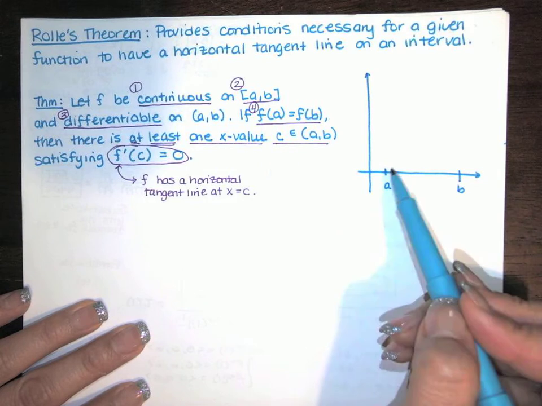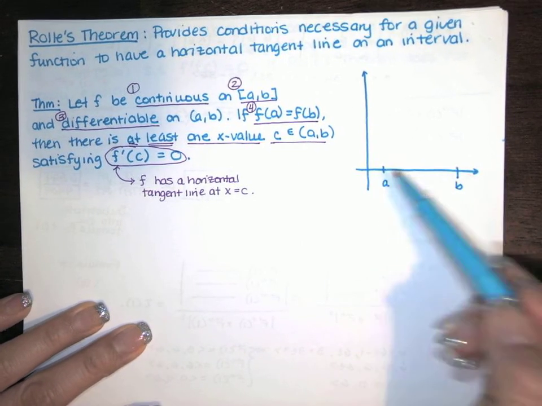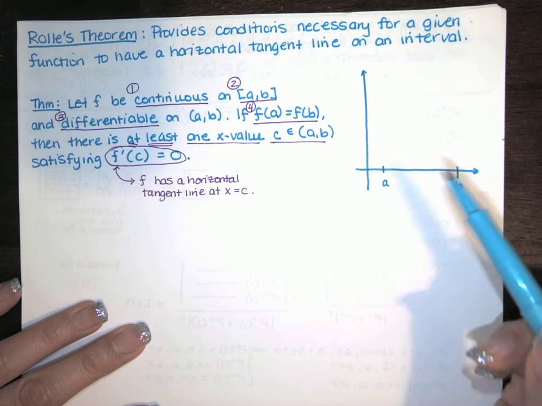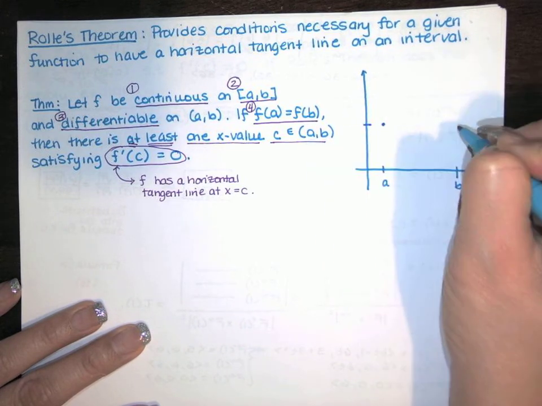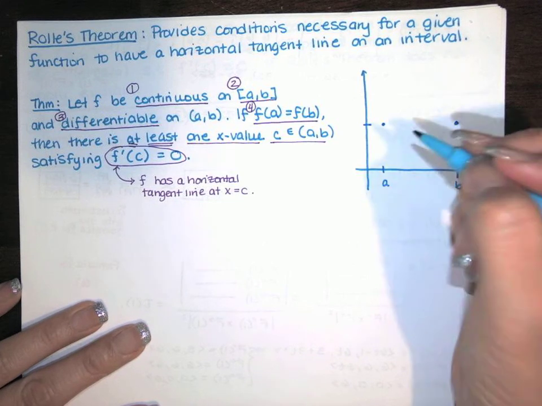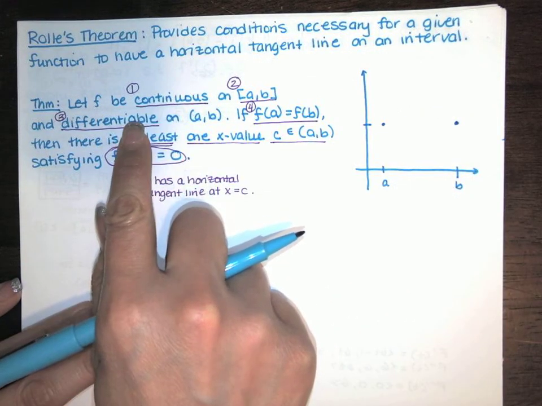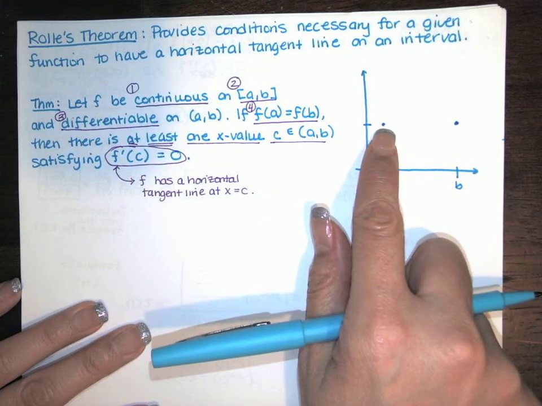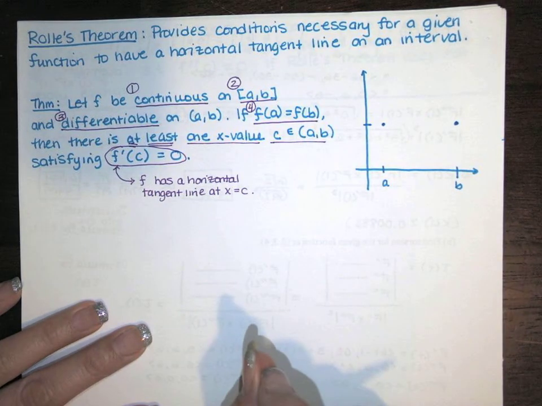So the y value at the left endpoint and the y value at the right endpoint are both the same. So maybe they're both equal to this. And now we're told we've got a continuous differentiable function, so it's all in one piece, and it's nice and smooth, so there are no sharp corners.